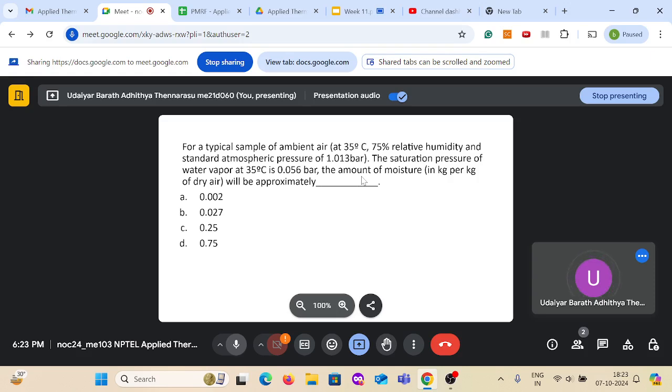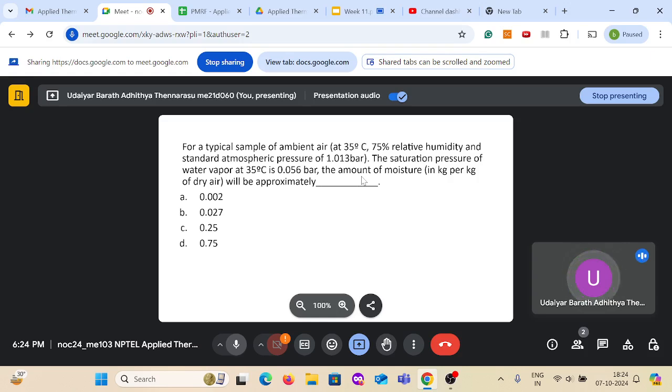Let's break it down. What is given is ambient air at 35 degrees Celsius and 75% relative humidity, assuming it's all at atmospheric pressure. Next, they are saying that the saturation pressure for water vapor corresponding to this temperature is 0.056 bar.